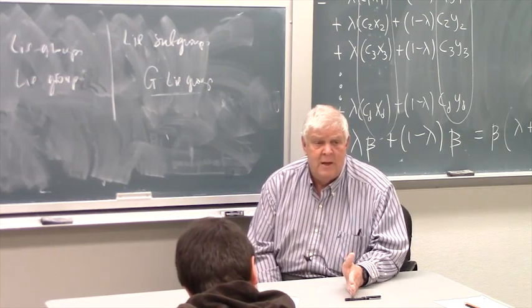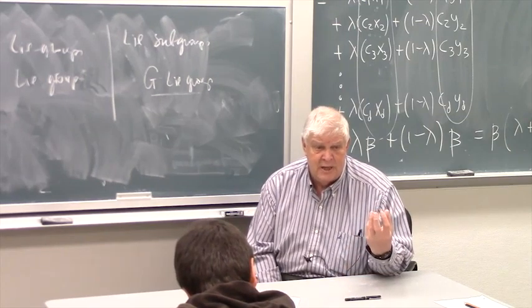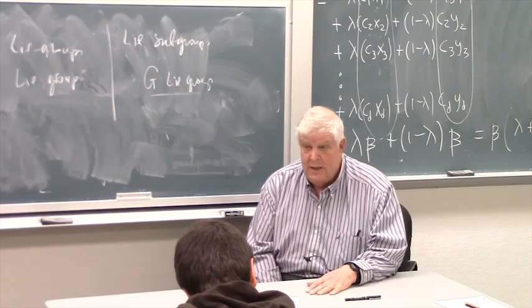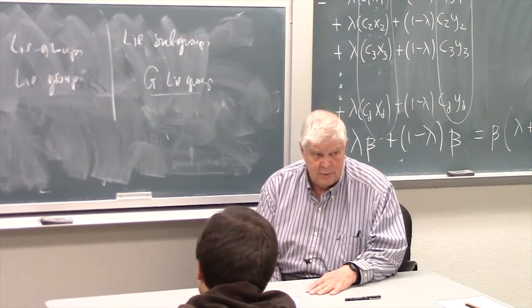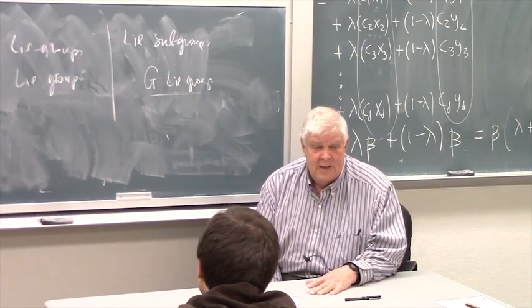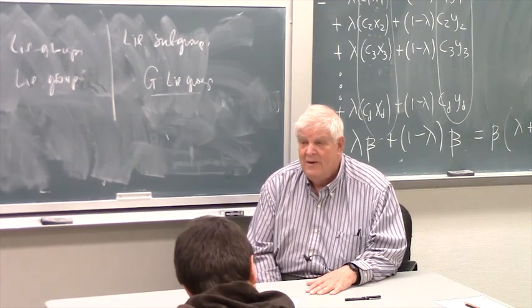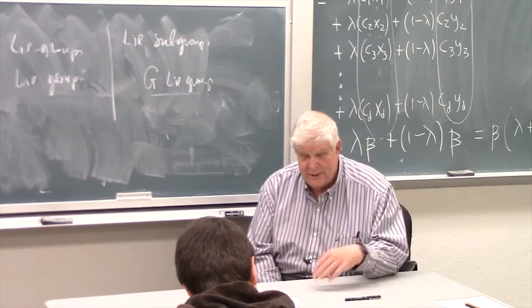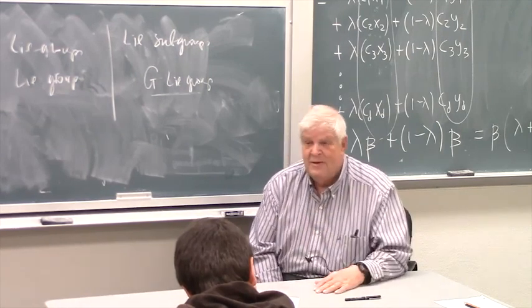For example, Q, the set of rational numbers, is a subgroup of the group R. And I do not count it as a Lie subgroup, because it is not closed. There is a very funny theorem, which I'm going to prove eventually, but not today. Today I have 6 more minutes.